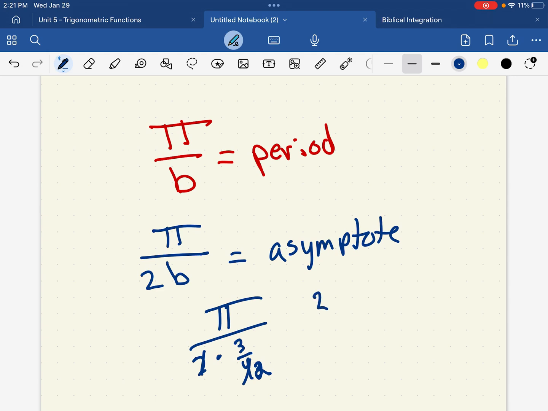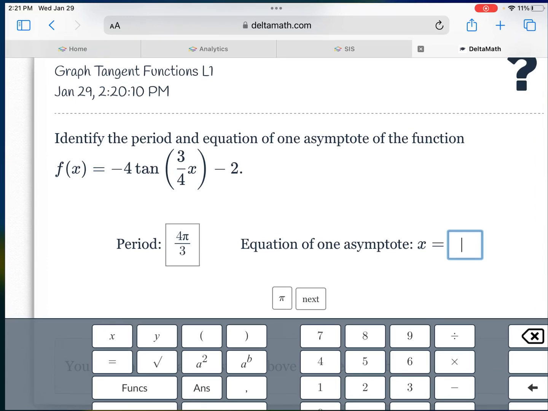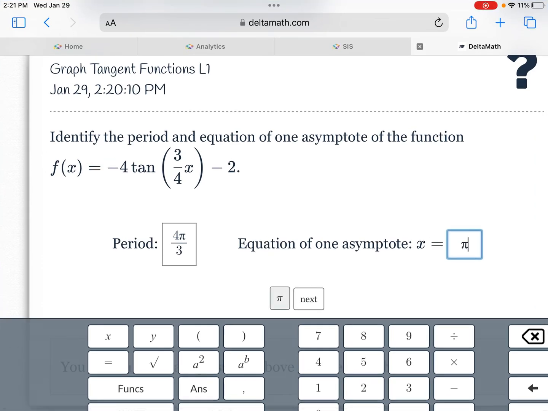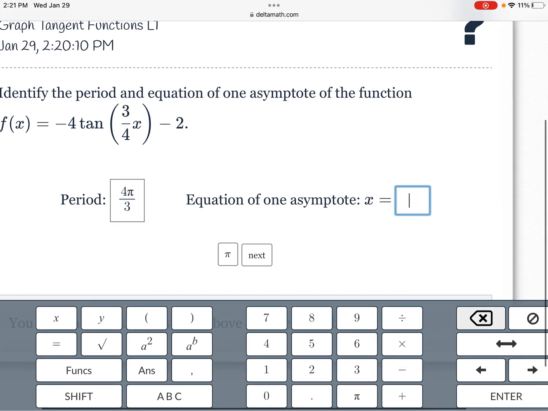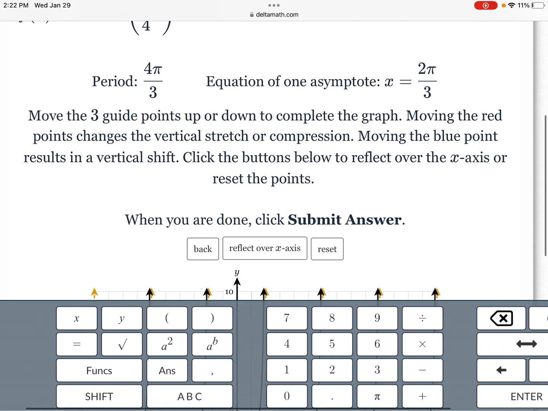So now we have 2 over 3, because we're going to flip that at the bottom, times pi. It's going to be 2 pi over 3. Come back here and then put 2 pi divided by 3. And then we hit next.